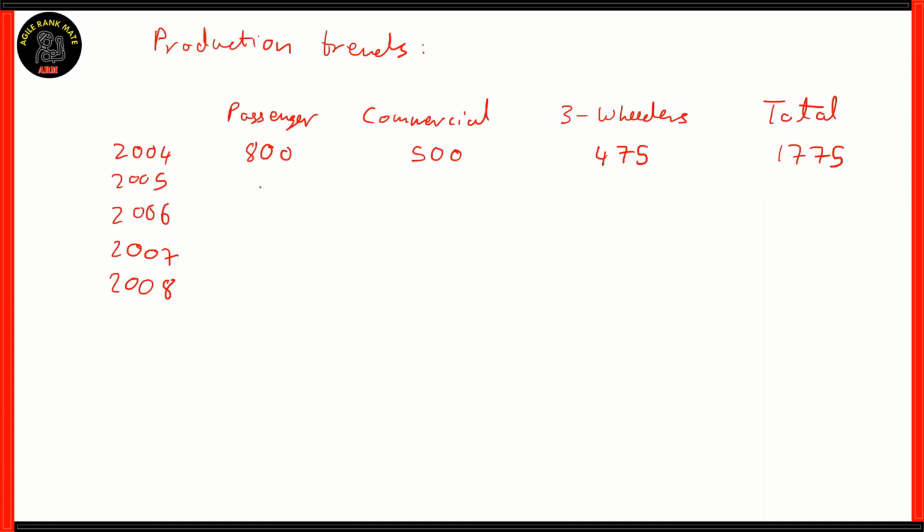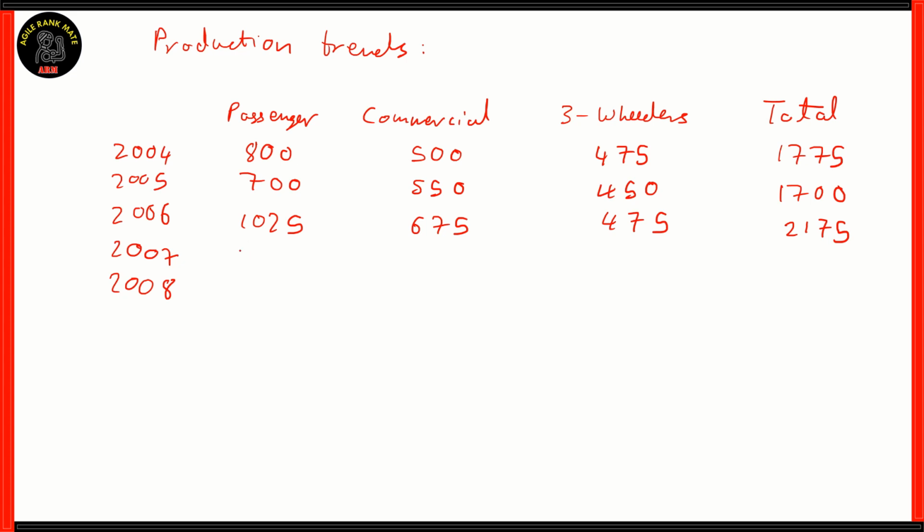So for 2005, it goes like this: 700, 550, and 450, with a total of 1,700. For 2006, it's 1,025, 675, 475. That gives you a total of 2,175.